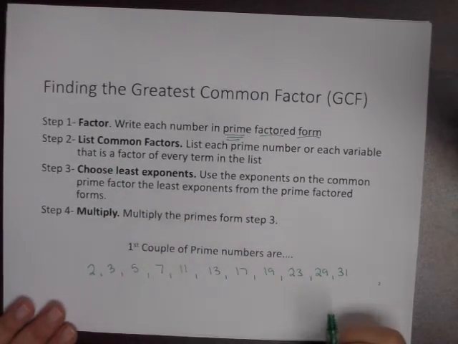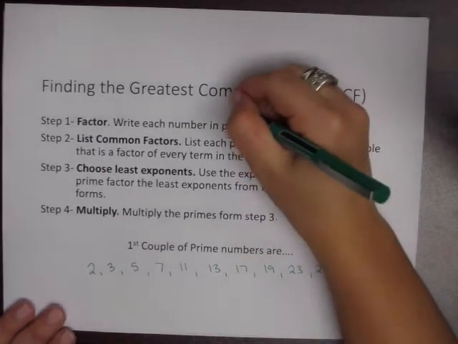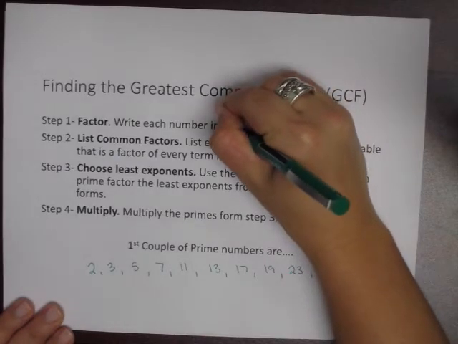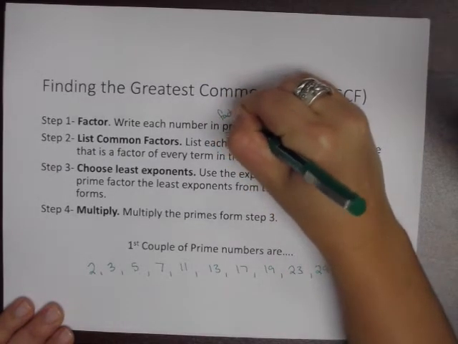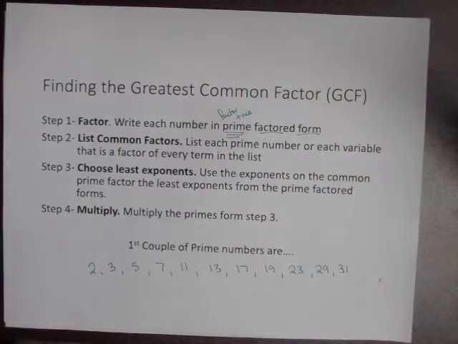So the first thing that we do is we factor. Now I want you to use this thing called a factor tree whenever you're dealing with whole numbers to get the prime factored form. Step 2 is you're going to list the common factors. So you list each prime number or each variable that is a factor of every term on the list. Step 3 is you're going to choose the least exponent. So you use the exponent on the common prime factor, the least exponent from the prime factored forms.